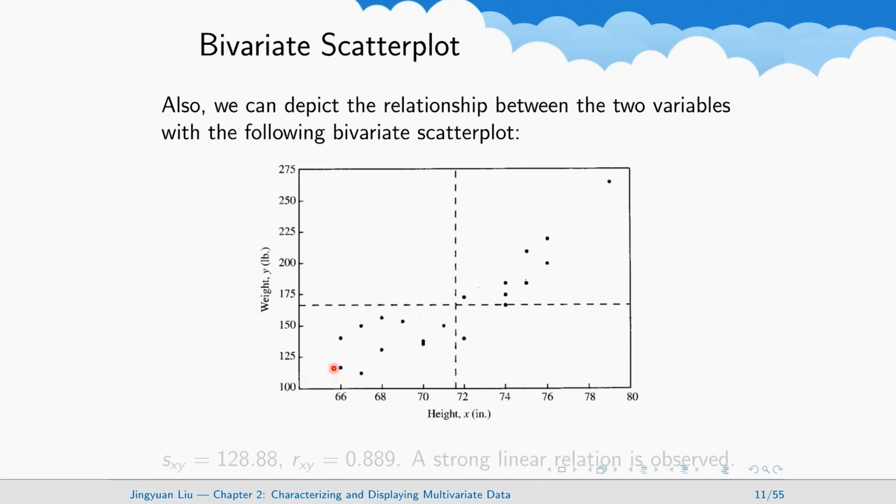We can see a clear positively correlated trend, which is very consistent with the linear regression line representing the relation between the two variables. You can also evaluate the positive relation using the sample covariance and sample correlation. From the magnitude of the correlation, you can detect a very strong linear relation.